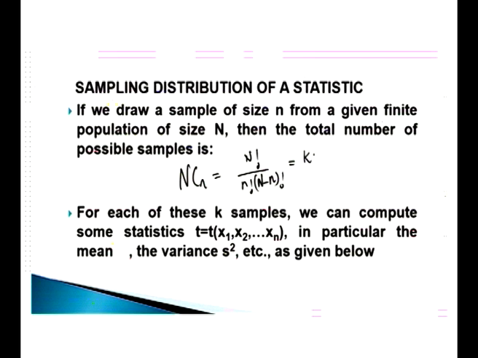For each of these K samples, we can compute some statistic, T is equal to T of x1, x2, etc. up to xn. In particular, the mean x bar and the variance S square as given below. First take a sample number, then take the statistic. The statistic is generally denoted as T, and its measures are x bar and S square.